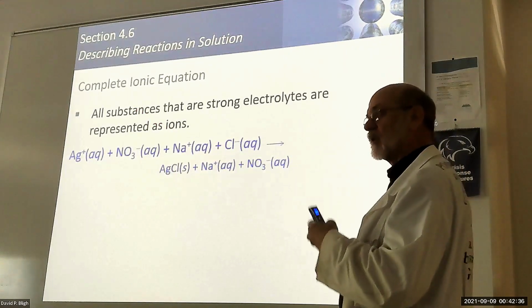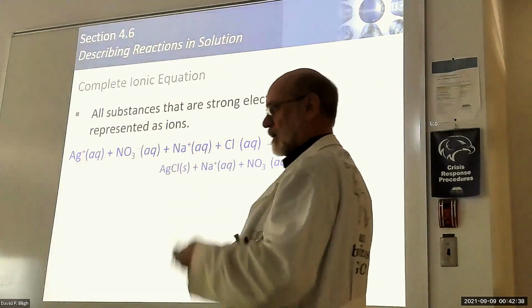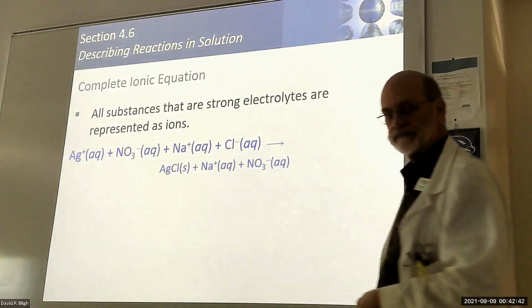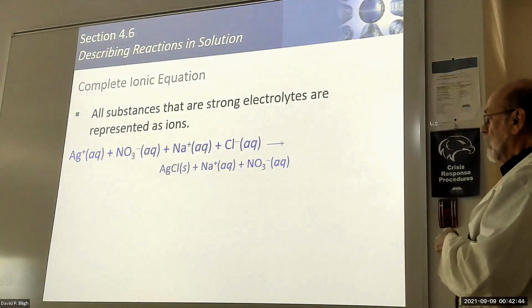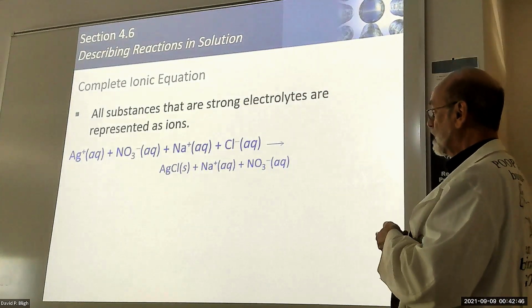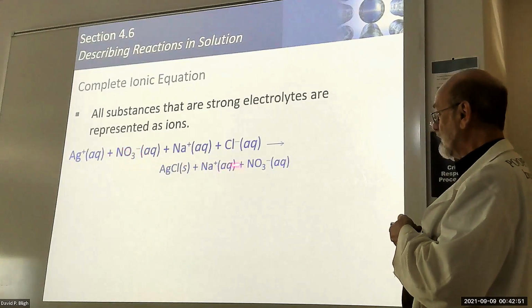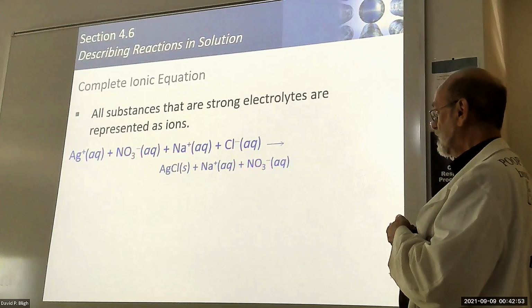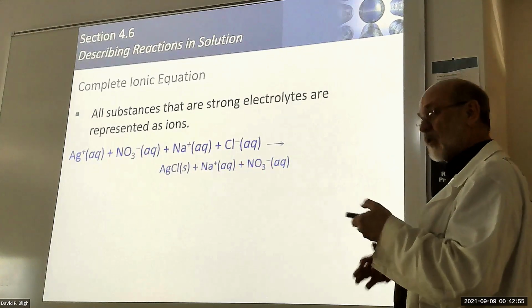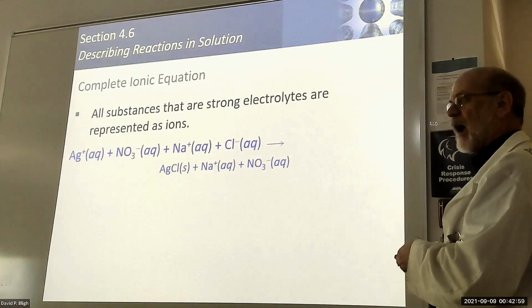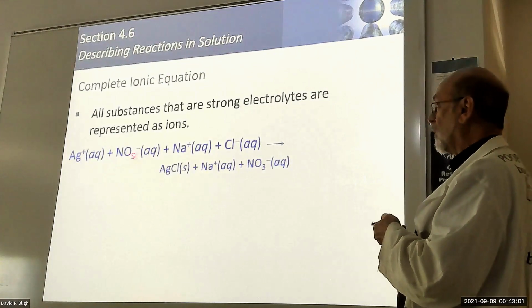Okay, you've got several examples of those in your review document to give you some practice. But notice also that in this equation, there's nitrate over here in the reactant side and nitrate in the product side. Right? I mean, we know they're there, but as far as the stoichiometry of the reaction goes, they don't matter.